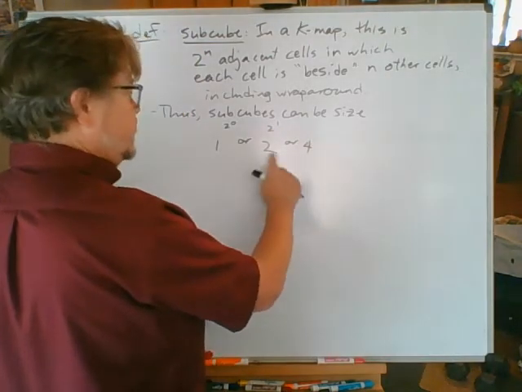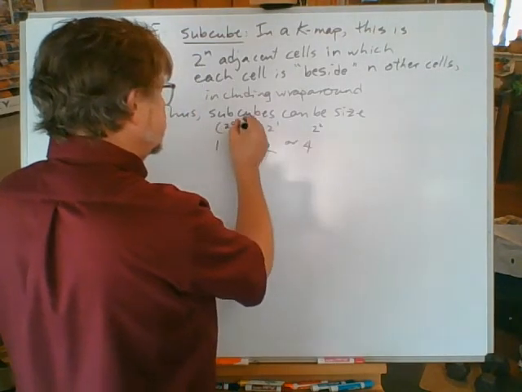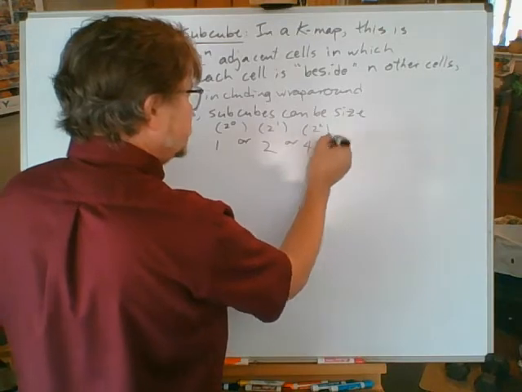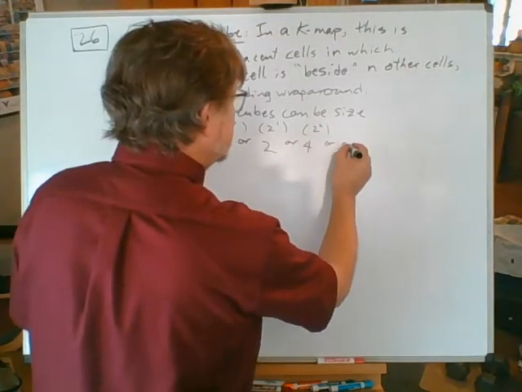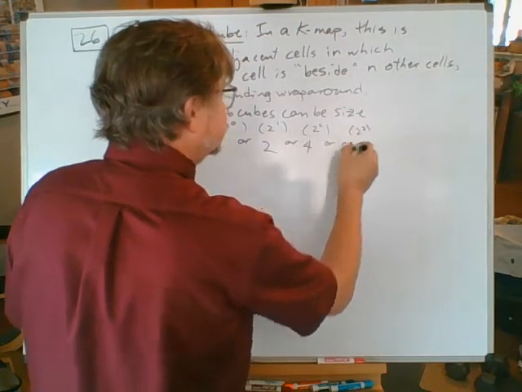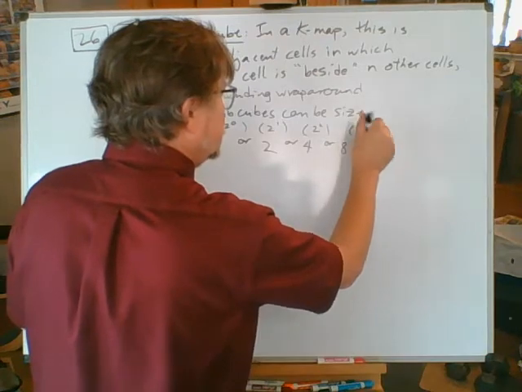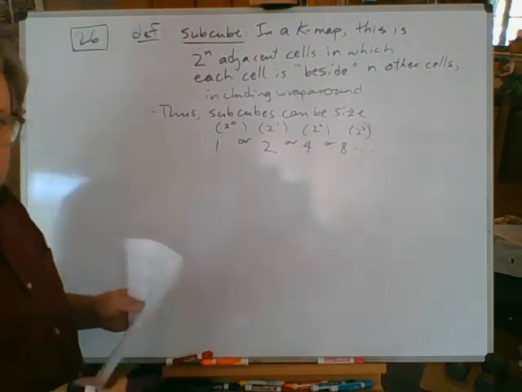We've seen these, size 2 and size 4. 4 because that's 2 squared. I'll put those in parentheses. Maybe that'll be less confusing. Or if we've got a K-map large enough, maybe even size 8, size 16, whatever. 8 is 2 to the 3rd. There. That's a little more deliberate.